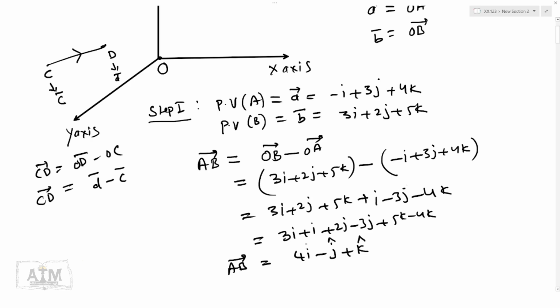The caps denote unit vectors along the x, y and z directions. Therefore vector AB equals 4i minus j plus k.